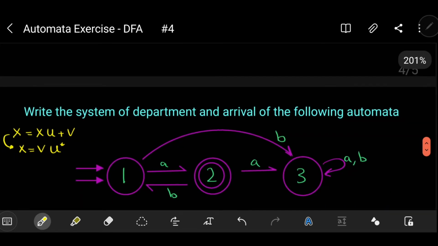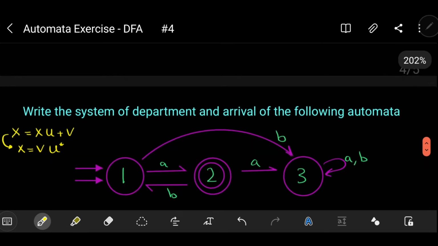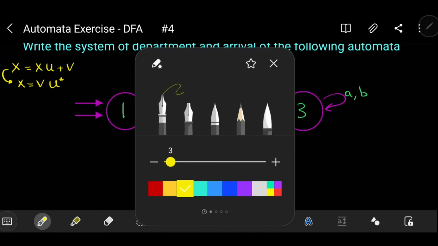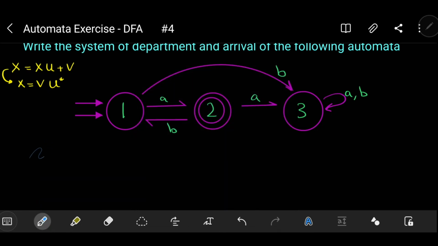The question here is asking us about solving the arrival and the departure systems. So we will start as usual with the departure. The departure system consists of 3 states, starting with D1.